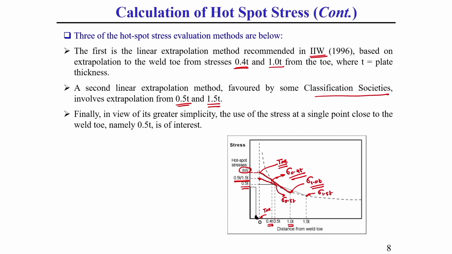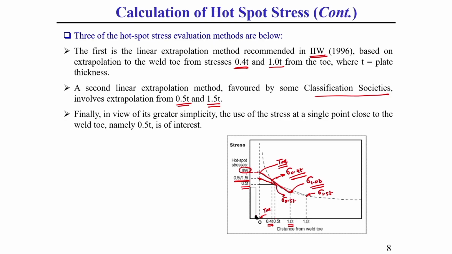So, you see from these different methods, we can observe that the IIW standard gives us the highest hot spot stress. So, if we estimate the life of this structure according to IIW standard, we will be on the conservative side, because the fatigue life equals 2 into 10 to the power 6, this FAT value, divided by hot spot stress, correct.